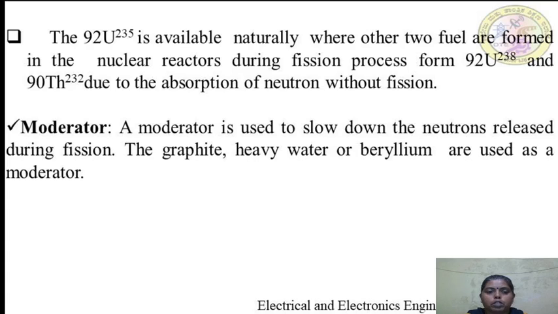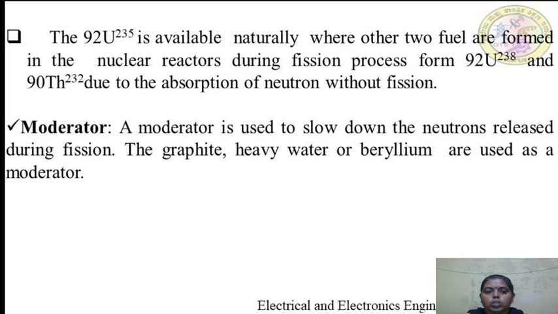The next component of the nuclear reactor is the moderator. A moderator is used to slow down the neutrons released during fission. That is, the neutrons released during the fission, which are at high speed, can be converted into slow neutrons by the moderator.